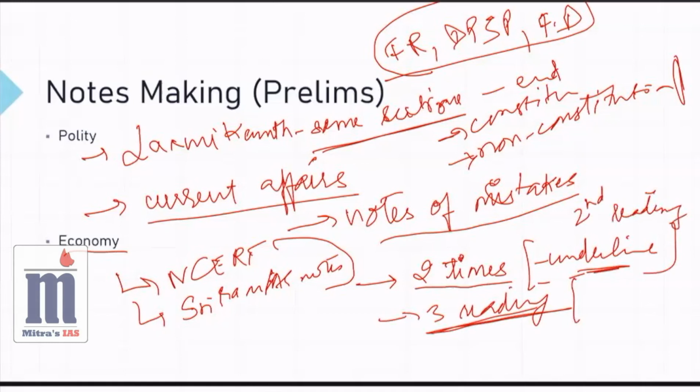So in the third reading, start making notes. You can copy paste from here, or you can write in your own words for prelims, for NCERT and Shriram IAS. So this is how you prepare your notes. And if you have time, try to make them more crisp. If you have shorter notes, you will be able to revise more number of times, which is actually required in the prelims.